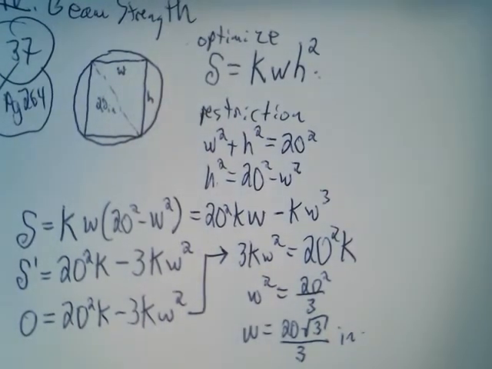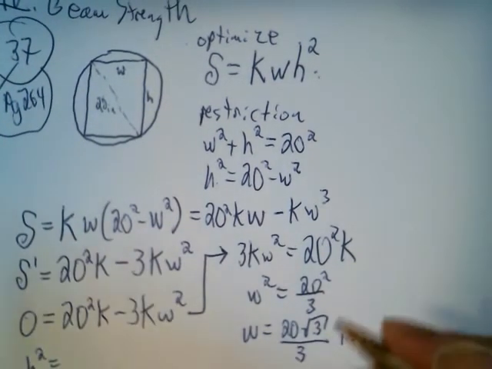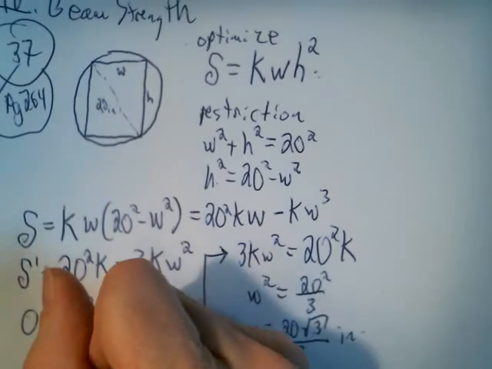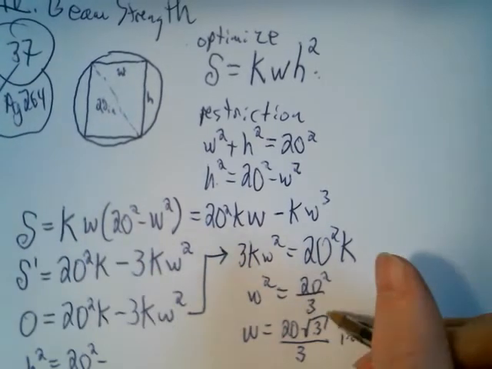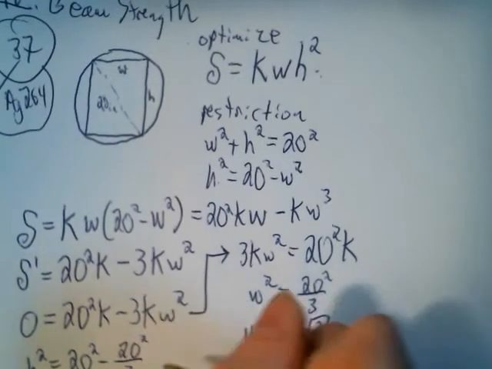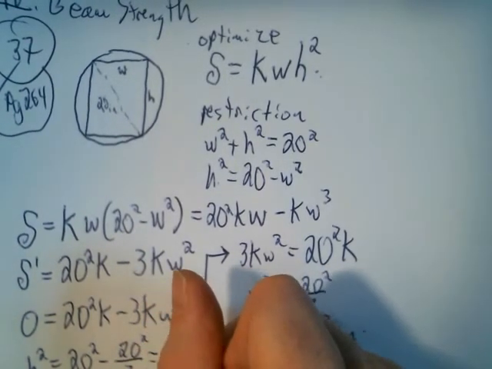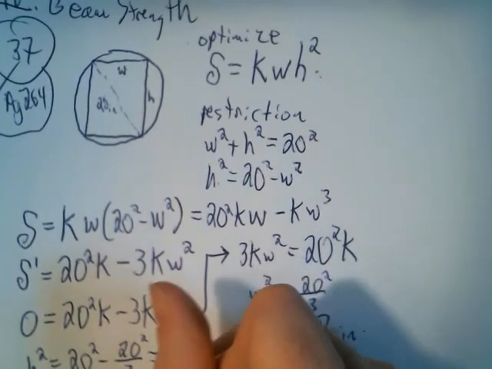Then we need to figure out our H value. So H squared is equal to 20 squared minus W squared. W squared is 20 squared over 3. Common denominator, this will turn into 2 times 20 squared all over 3.